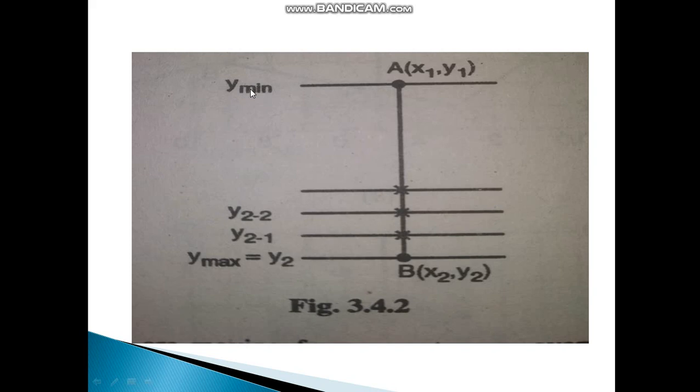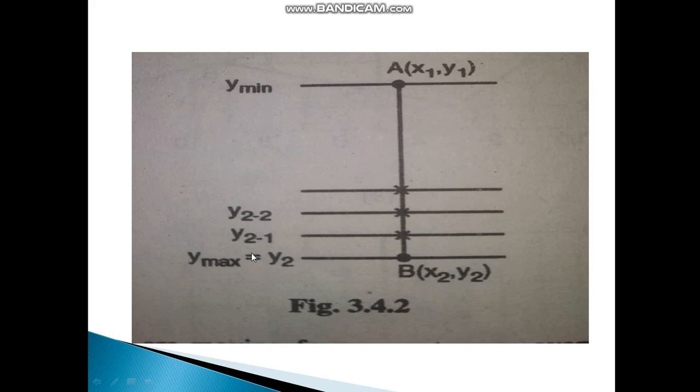When we are moving from y max to y min, every time we are decreasing y by 1. Here the point x2 y2 is the y max value, so y max is equal to the y2 value.